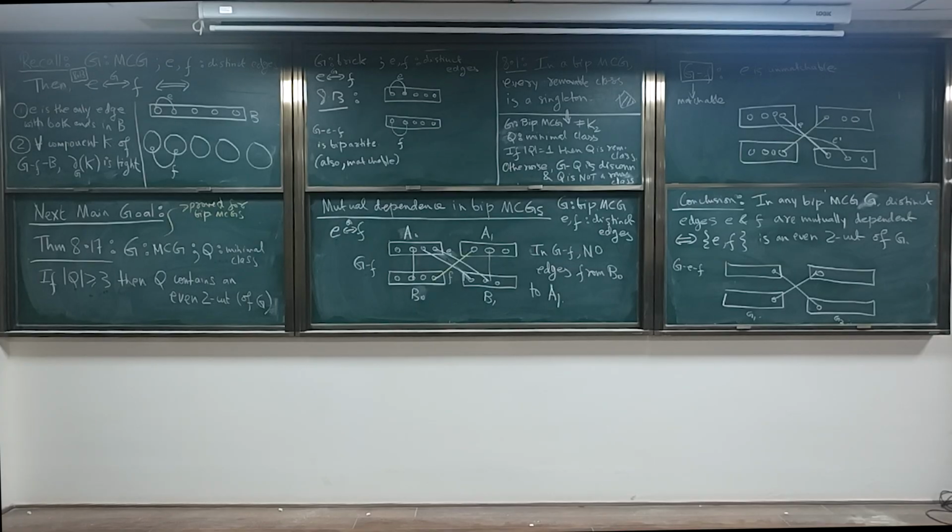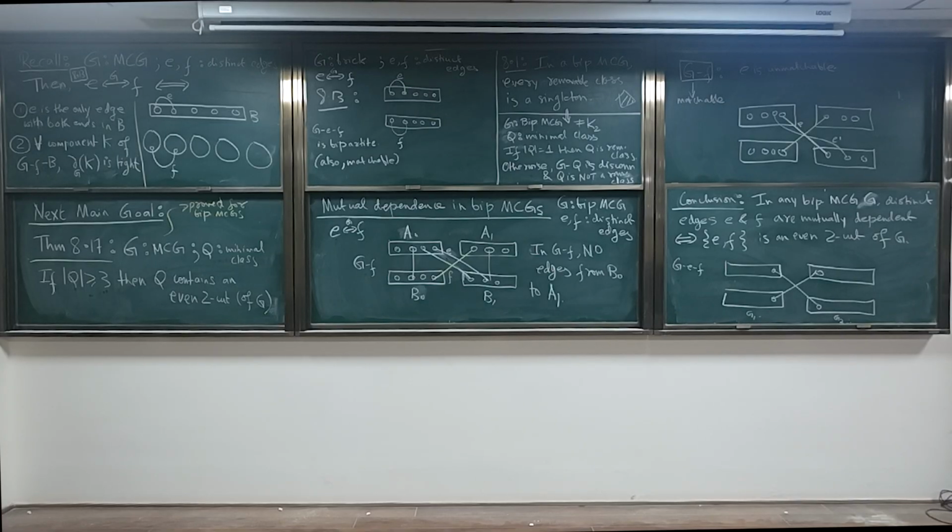So therefore, what should happen in a brick? What should go wrong? Every minimal class should have cardinality at most 2. You shouldn't have a minimal class of cardinality 3 or more, because then you would prove this theorem and you would say that a brick is not 3 connected. That's the problem, right?